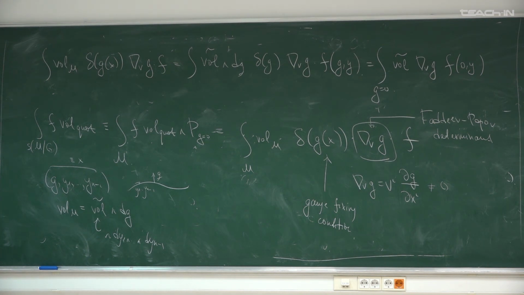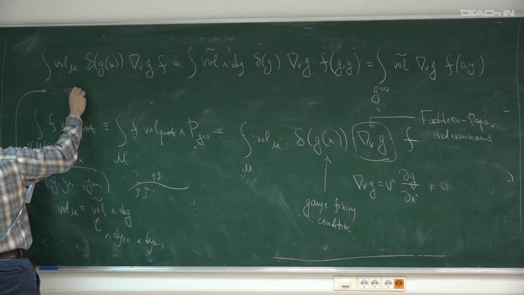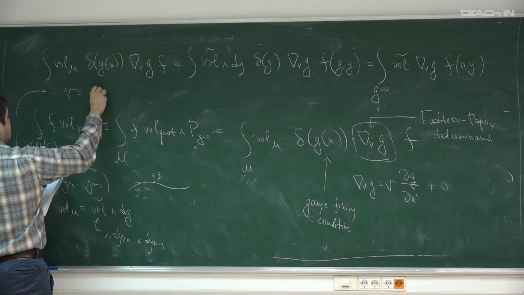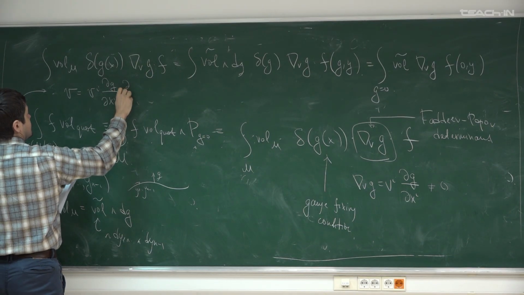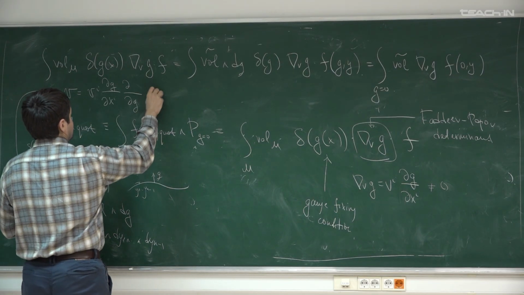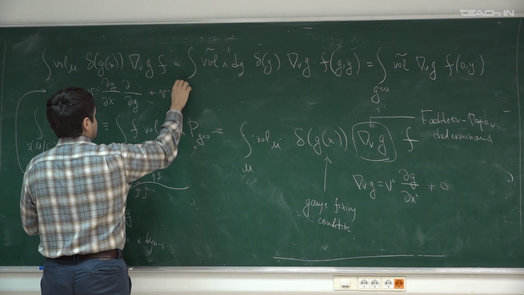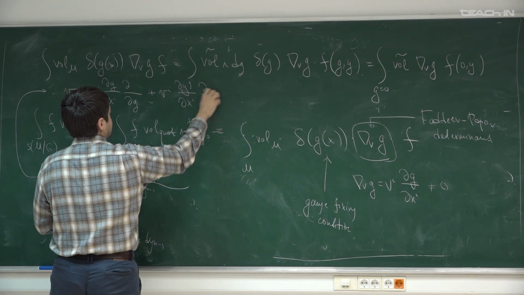So in these coordinates g, y1, etc., yn minus 1, our vector field V has the form V^i dg over dx^i d over dg plus V^i dy^j over dx^i d over dy^j.